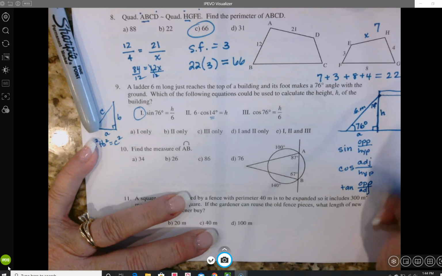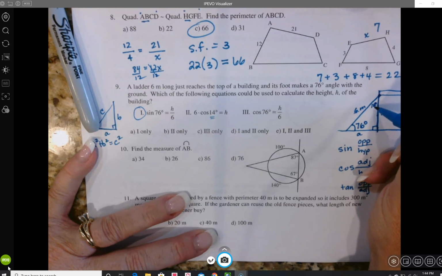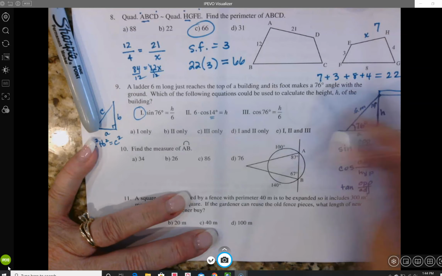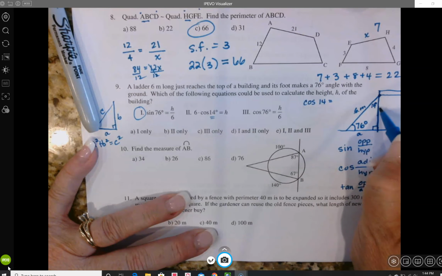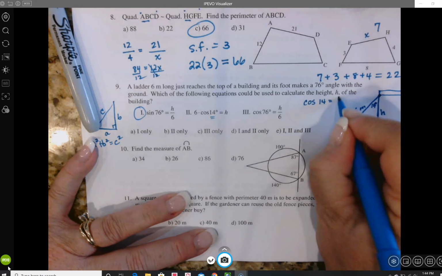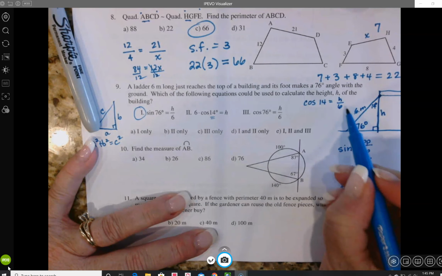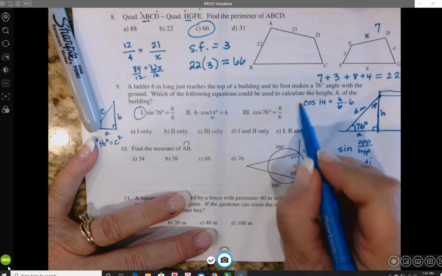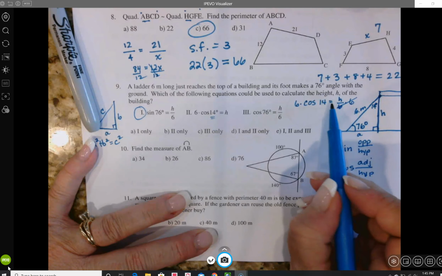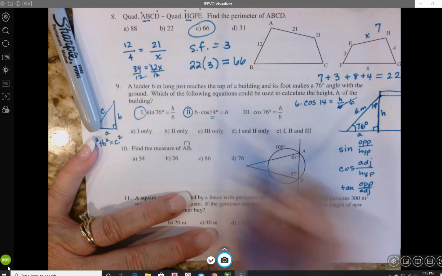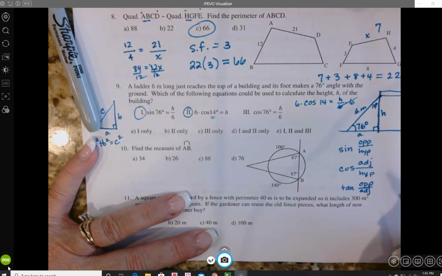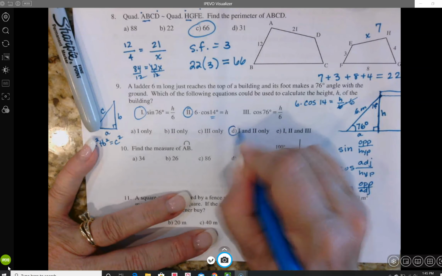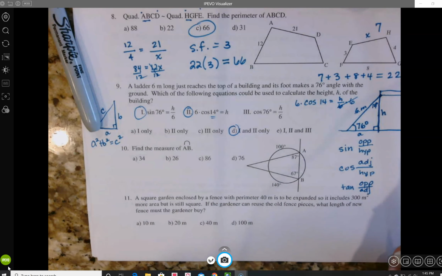So if I took one of my trig ratios and I did the cosine of 14 and I wrote that as adjacent over hypotenuse, h divided by 6, and then I multiplied both sides by 6, I would get number 2 here. So 1 or 2 using trig would be true. And so that's why the correct answer for number 9 is choice D.